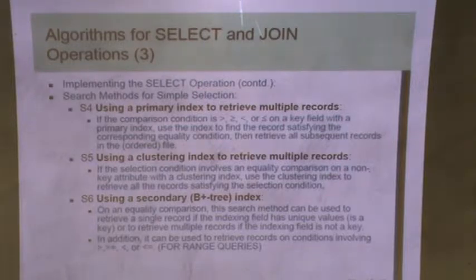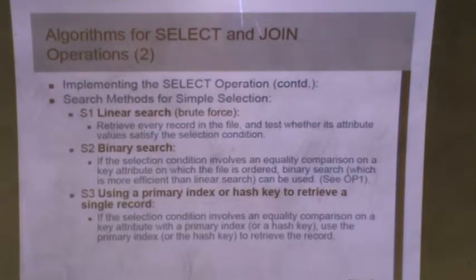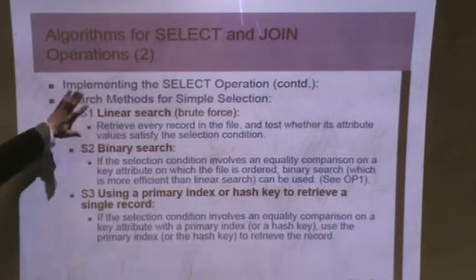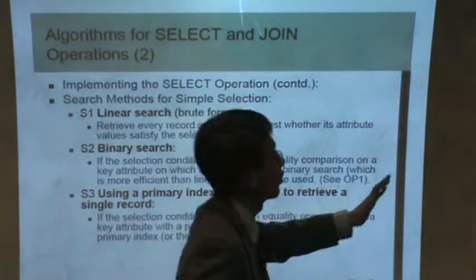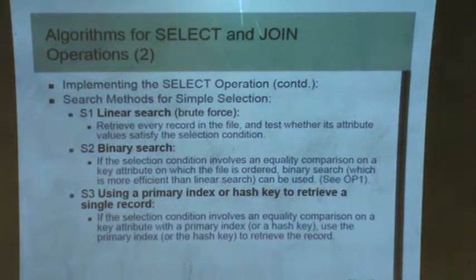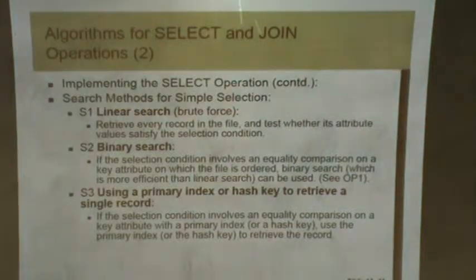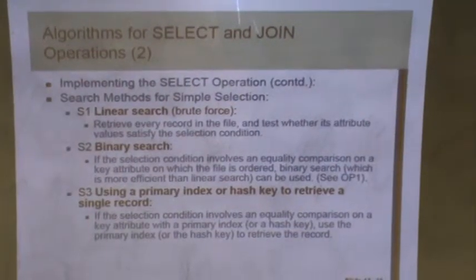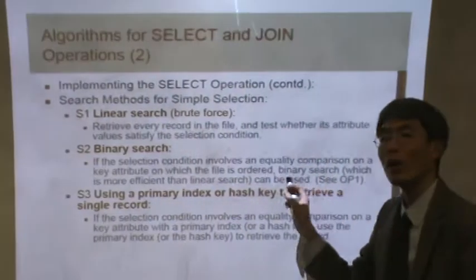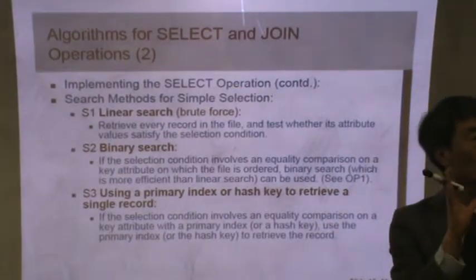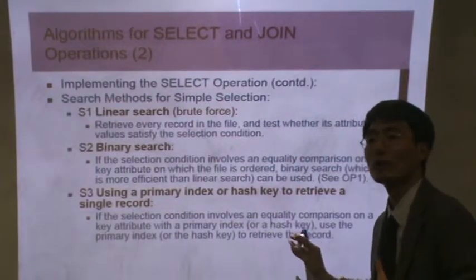For example, do you think binary search is always faster than linear search? It depends, no? It depends on how much data you have. That is the reason we need to check which one will be faster by considering statistical information, the number of data, or the organization of the table, so we can find the fastest way.